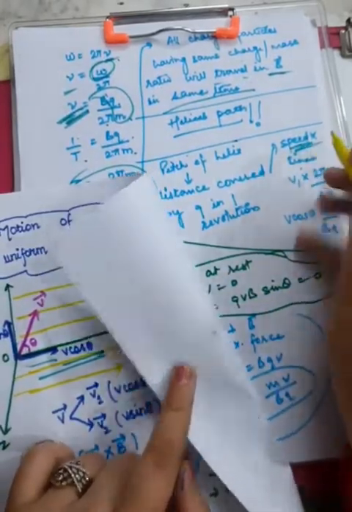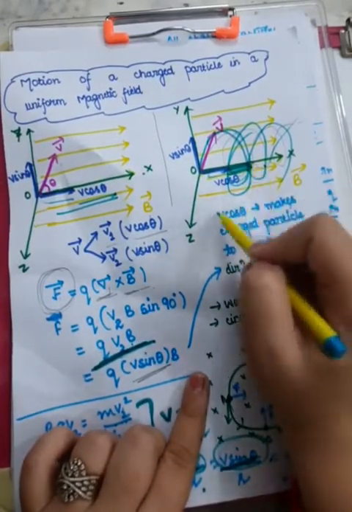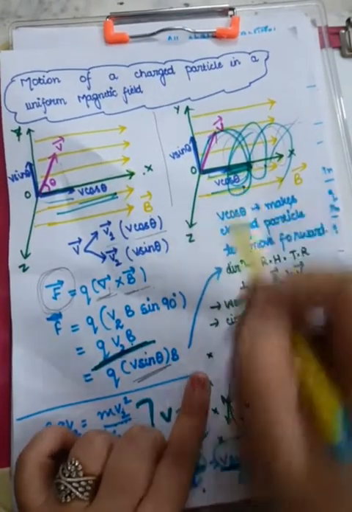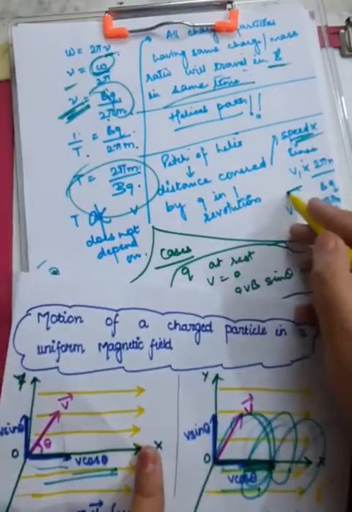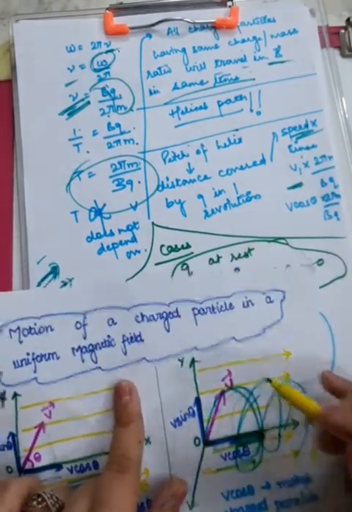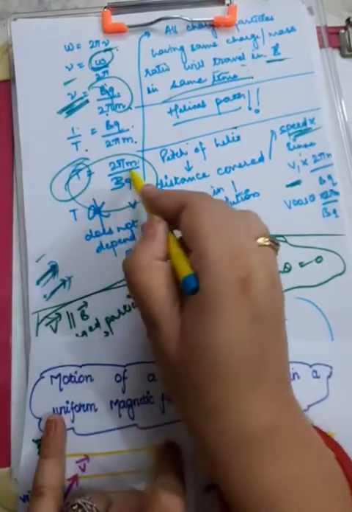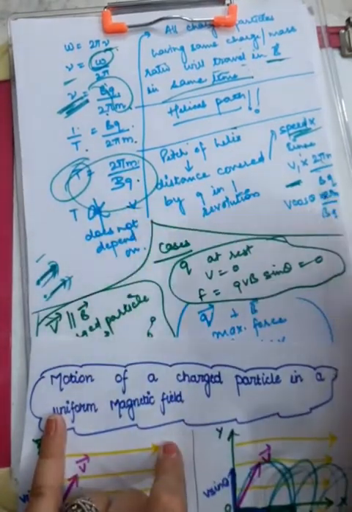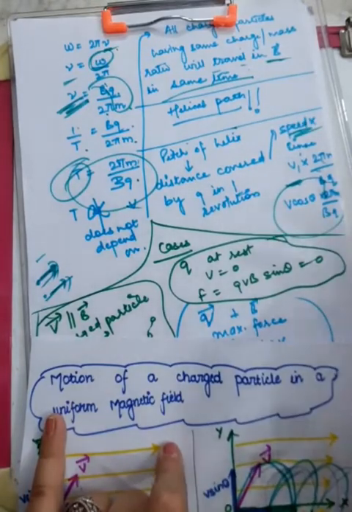But the speed here is the horizontal speed, which is V cos theta. I gave you the name V cos theta as V1. So I am writing V1 here, multiplied by the time taken for one revolution. Time taken for one revolution is the time period, which is equal to 2 pi m upon BQ. That's how I have got the value of pitch of helix.